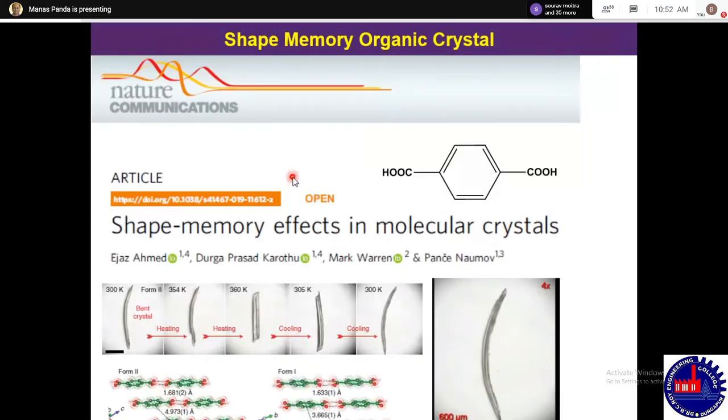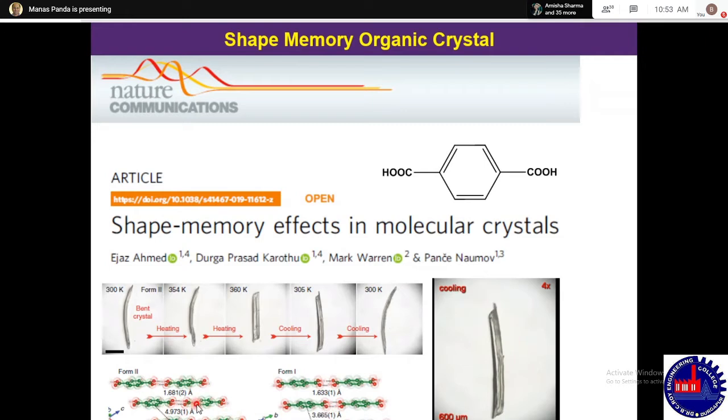Okay, so recently one scientist from New York University, Professor Pance Naumov, also reported a crystal which also shows shape memory effect. That means if you bend the crystal at a particular temperature and then again you start cooling it, it will come back to the original state. Let us see this video over here, and that is because of the structural phase transition.